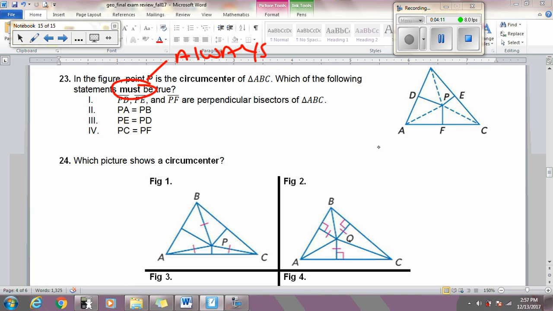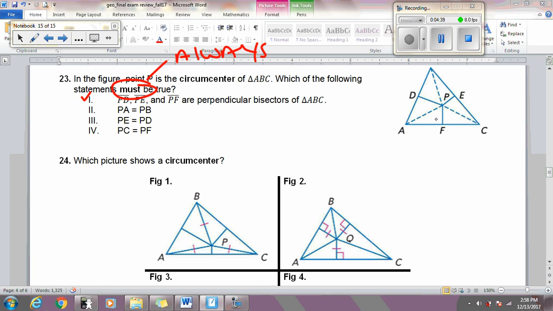All right, PD, PE, and PF are perpendicular bisectors. That must be true. Yes. Because P is supposed to be the intersection of your perpendicular bisectors. So that must be true if it's a circumcenter.